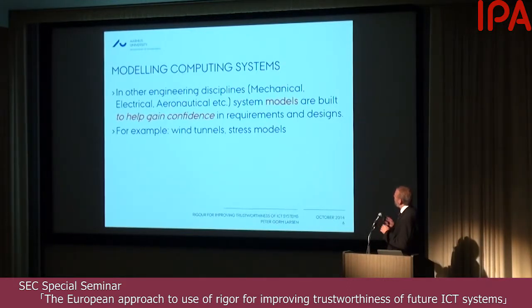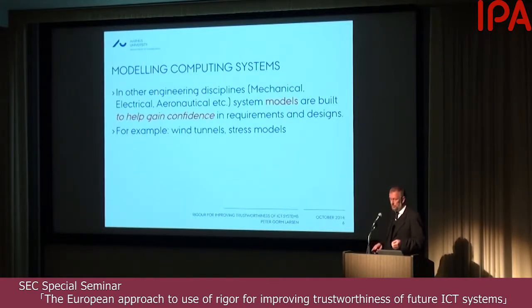So when we try to model computer systems, we have in many engineering disciplines been doing this. Essentially, we make such models to gain confidence that the ideas we have are appropriate. So we could put them into wind tunnels, like we did for testing the aerodynamics of the aircraft before.